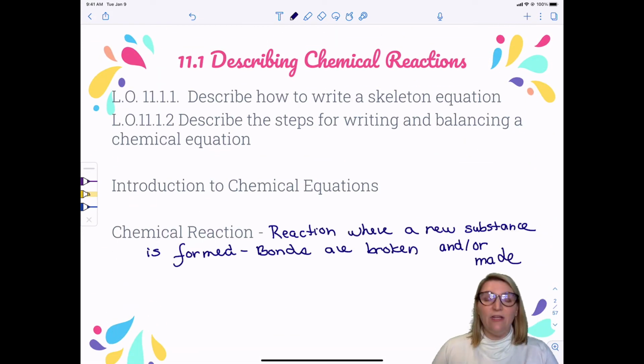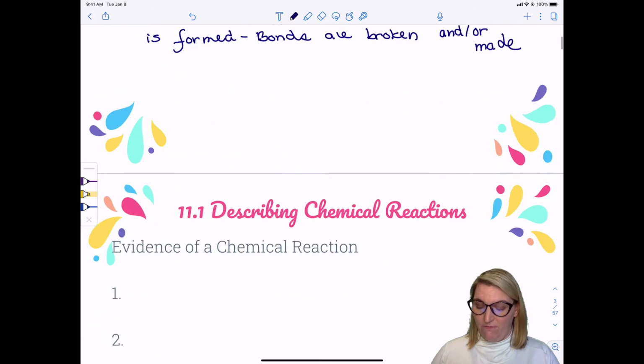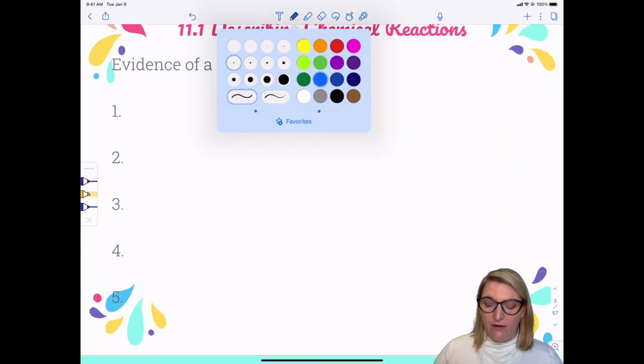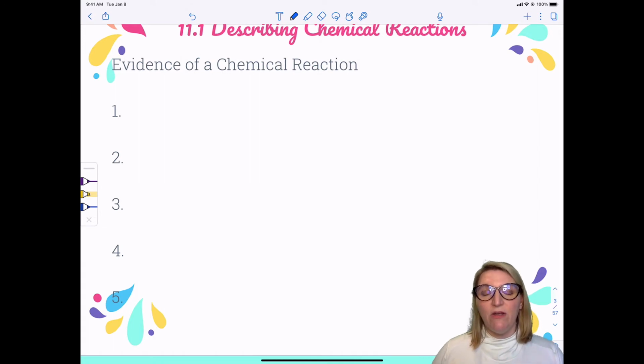So a chemical reaction is a reaction where a new substance is formed. Bonds can be broken, bonds can be made, or often both things happen. First, the old bonds are broken and then new bonds are formed. And when we looked at this earlier in the year, we looked at 5 things that we could think of as evidence for a chemical reaction.